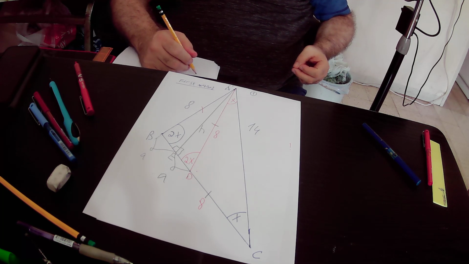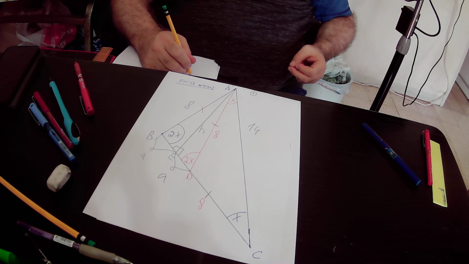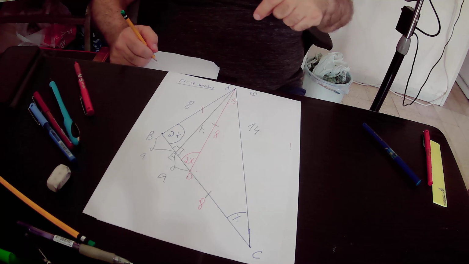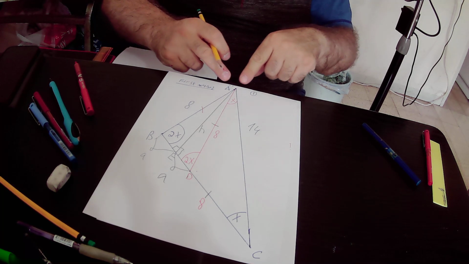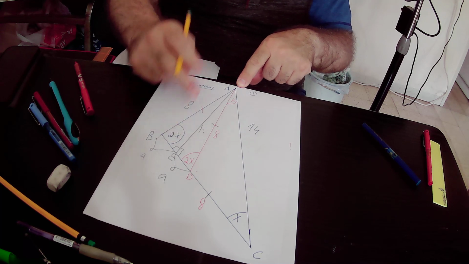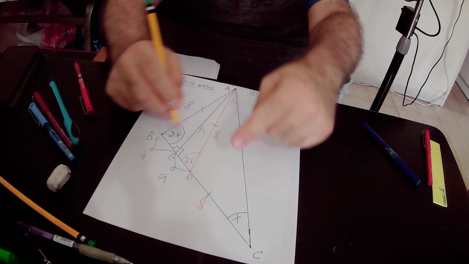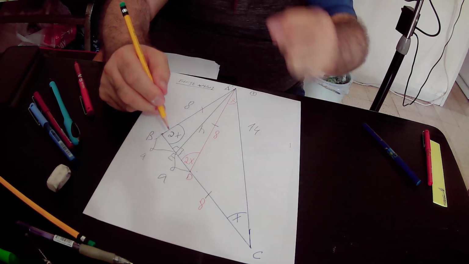This is equation number 2. AC square will be equal to the sum of the squares of the perpendiculars, will be equal to AE square plus EC square.